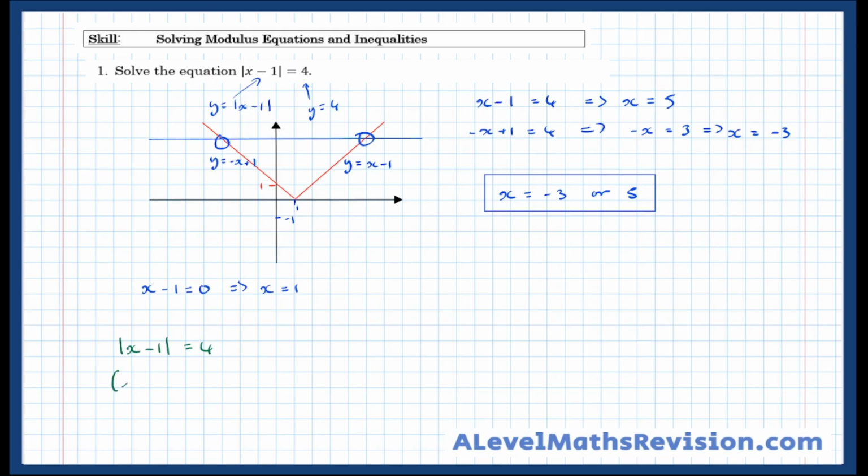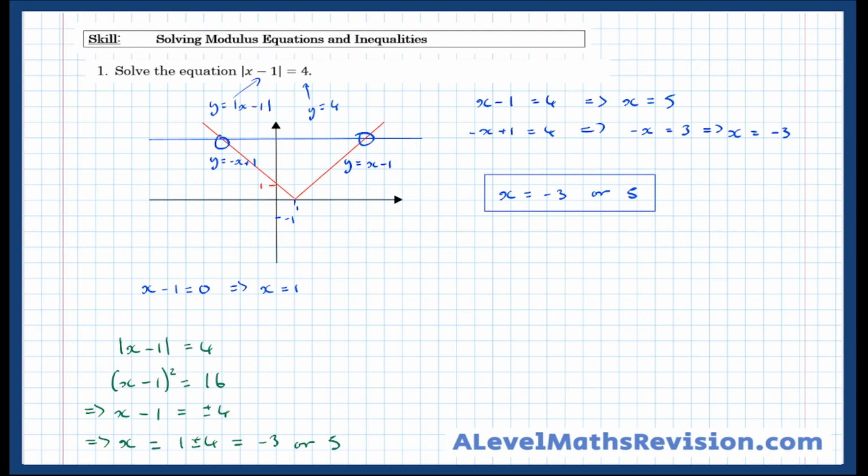So x minus 1 squared equals 4 squared, which is 16. And let's solve that. That's in complete square form now, which means that x minus 1 equals plus or minus 4. Not forgetting the implication signs, which means that x equals 1 plus or minus 4, which is minus 3 or 5.